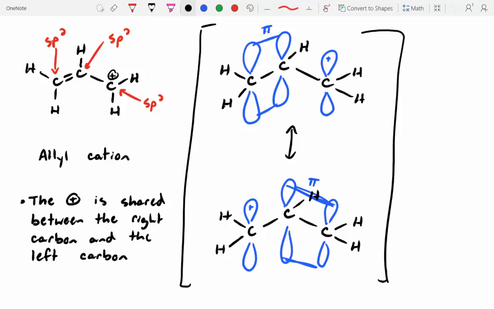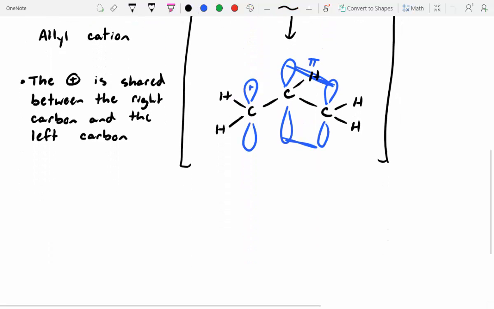Let's take a look at a slightly different example, though. This example is a little bit trickier. So in this example, we still have three carbons.